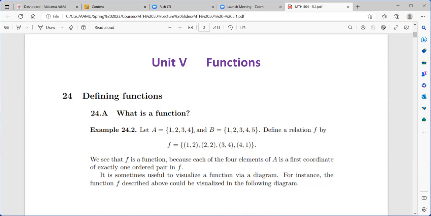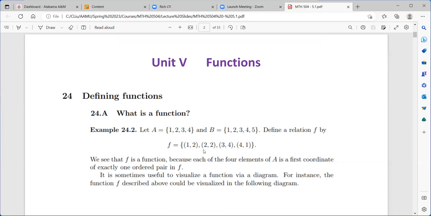So, for example, if we have two sets A and B, with four numbers in A, 1, 2, 3, 4, and five numbers in B, 1, 2, 3, 4, 5, then we can define a function f as the set of all the pairs (1, 2), (2, 2), (3, 4), (4, 1).